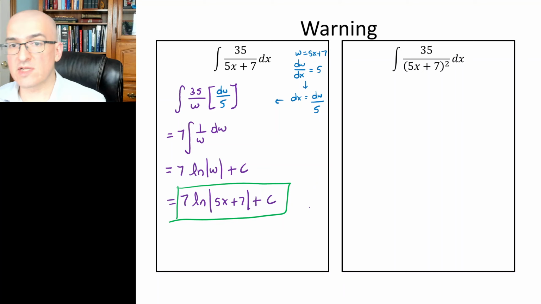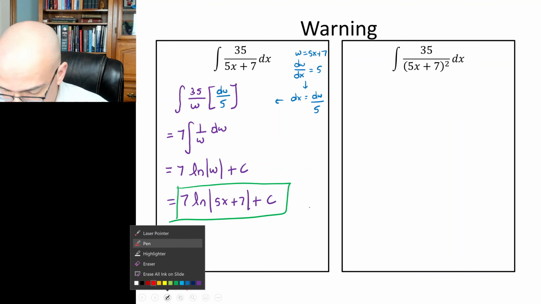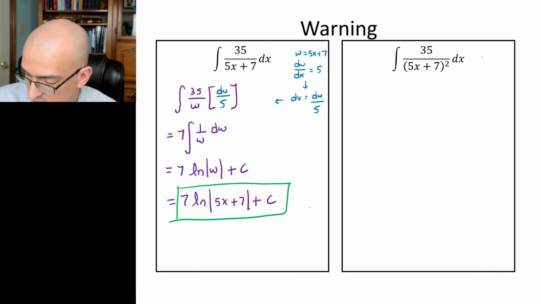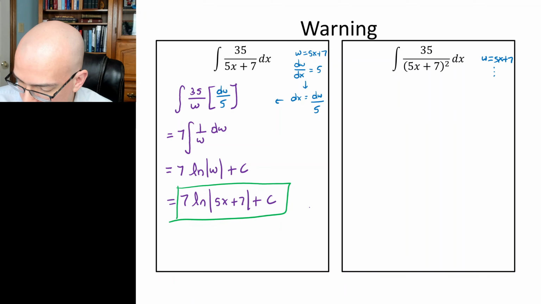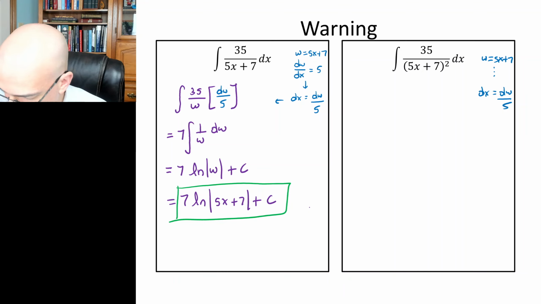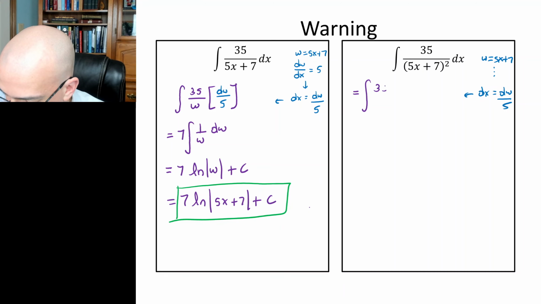Let's do the substitution carefully. It's the same substitution as the last example. w is equal to 5x plus 7. And we know dx is going to be dw over 5. We'll plug that in. Look what happens. We have our 35 over w, but it's w squared.